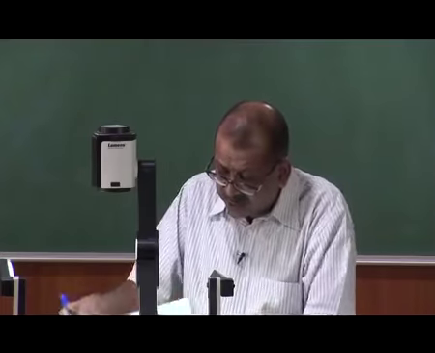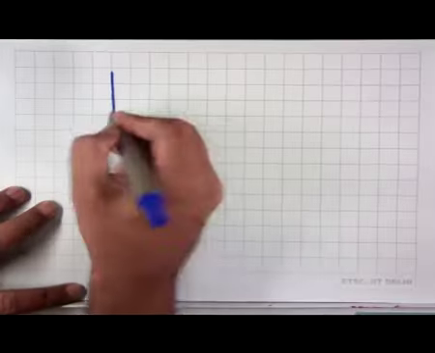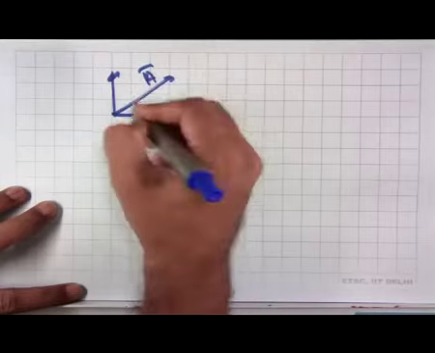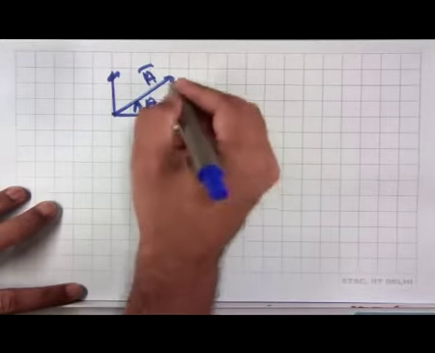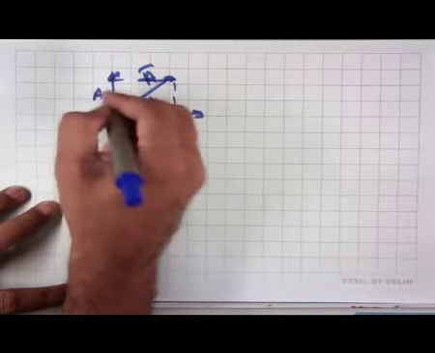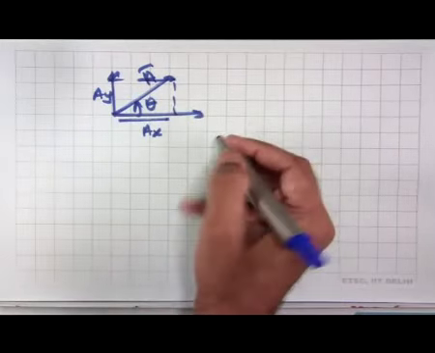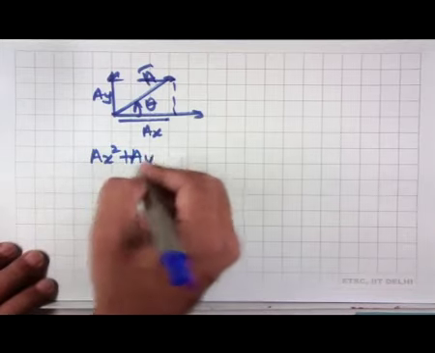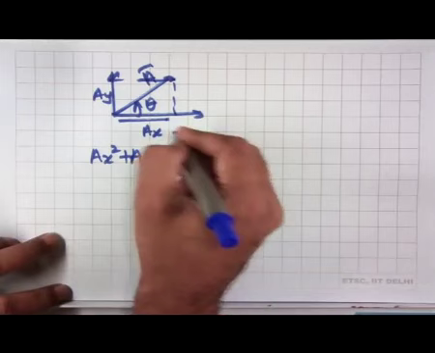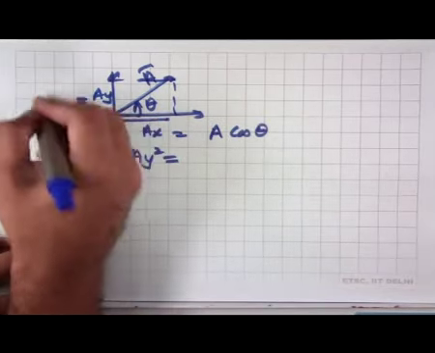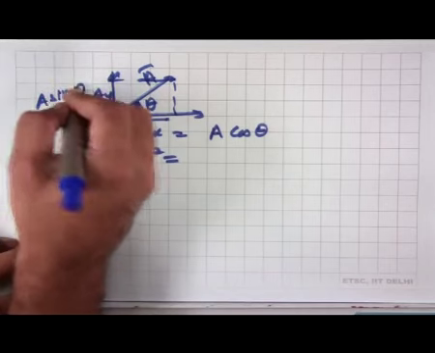And from the figure, it is quite obvious. If this is vector A, it makes an angle theta with the x axis, this is Ax, this is Ay. In fact, Ax will be equal to A cos theta, Ay will be equal to A sin theta.